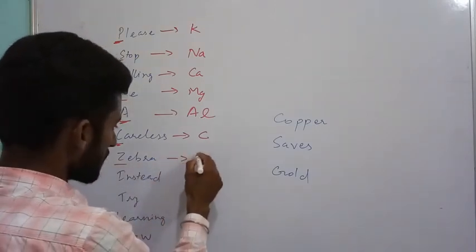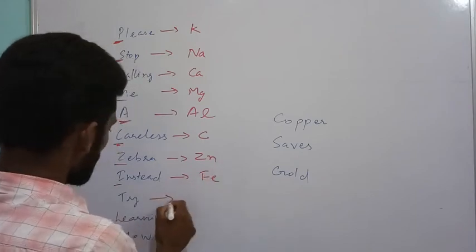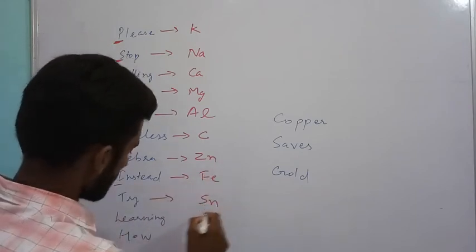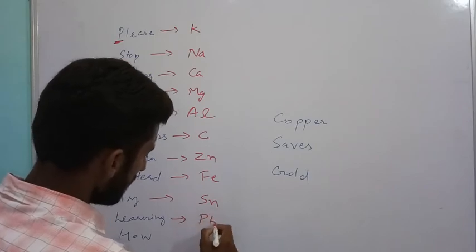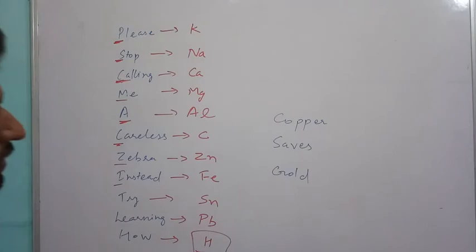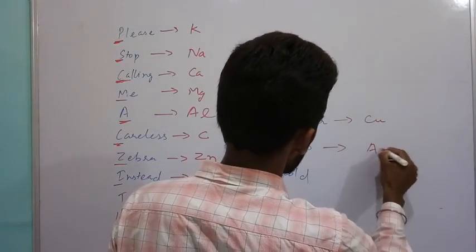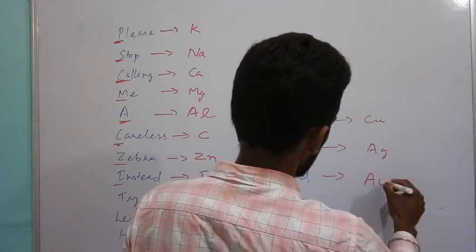Then Z for zinc, I for iron, that is Fe, T for tin, that is Sn, L for lead, Pb, H, that is very important, hydrogen. And after that copper, it is Cu, then silver, Ag, and gold, Au.